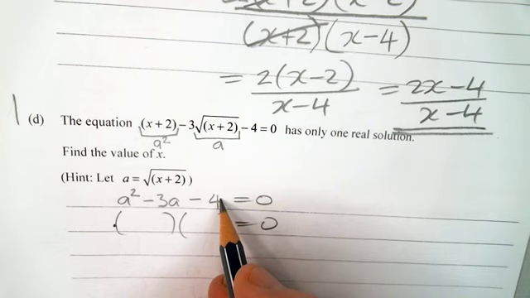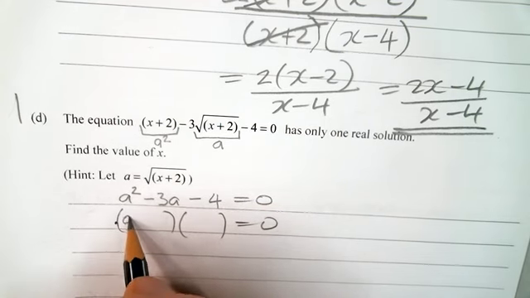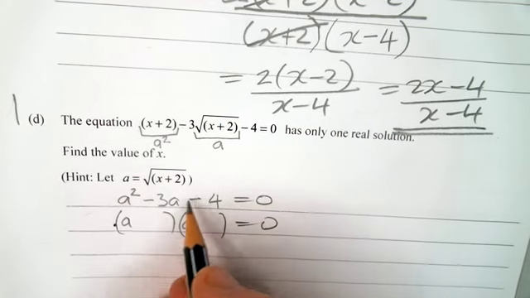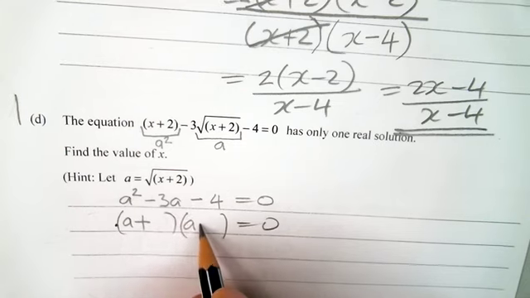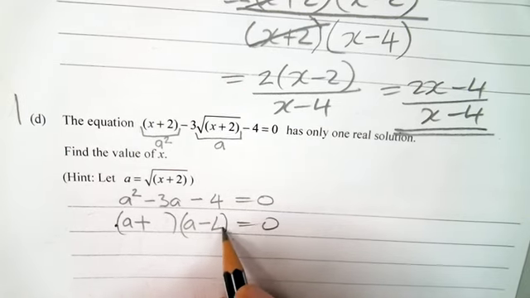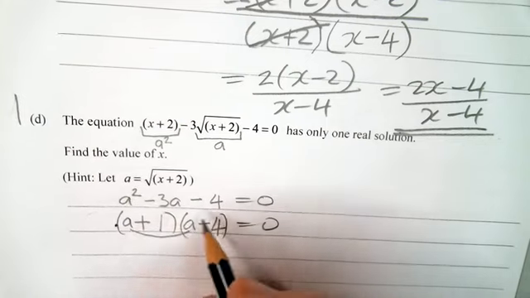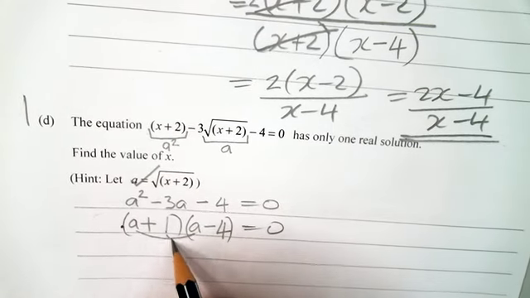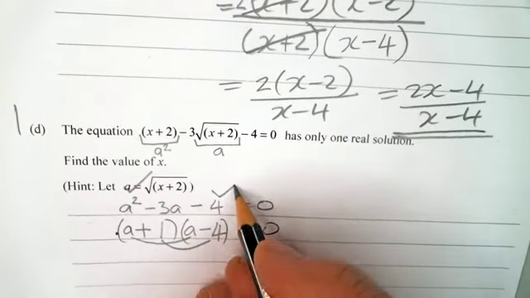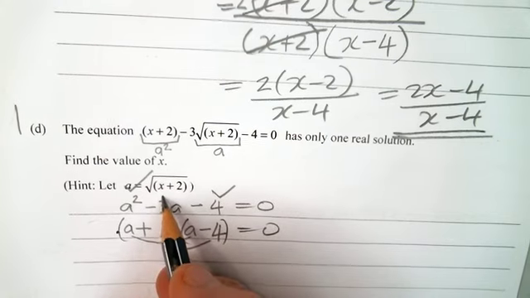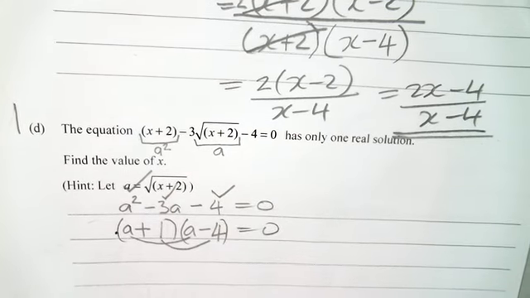We've got factors of 4 that add to negative 3. So I'm going to have an a here, an a. Signs are different. Biggest one is negative. And we're going to end up with a 4, negative 4, and a positive 1. Let's check that. A times a squared. 1 times negative 4 is negative 4, and 1 and negative 4 is negative 3. All right, so that works well.